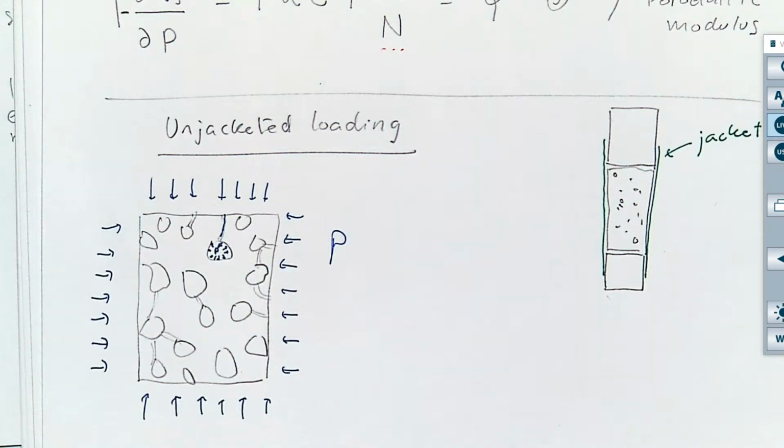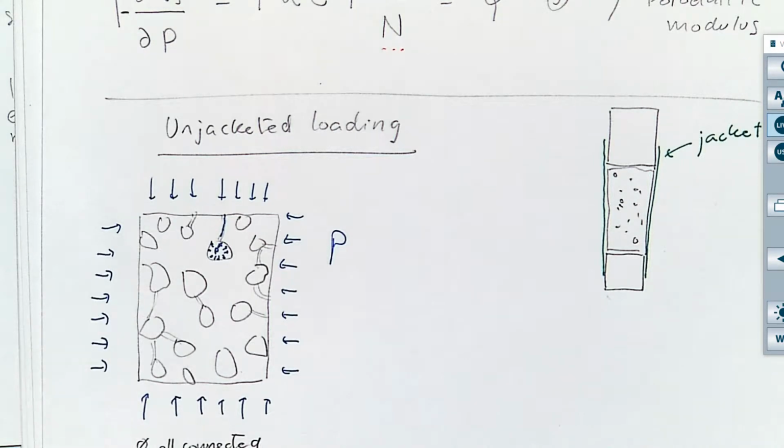So that's going to be the same pressure. And let me write this down. Porosity is all connected. That's going to be very important to derive the equations that we want.